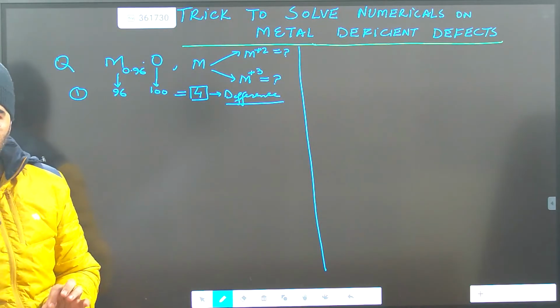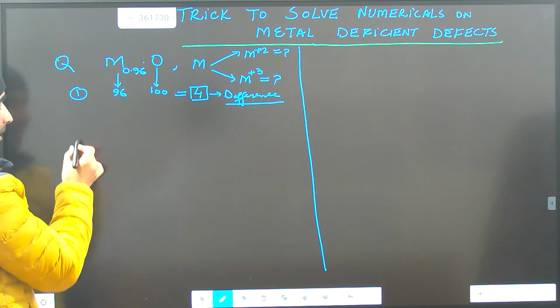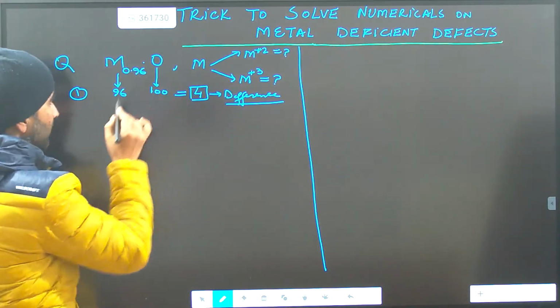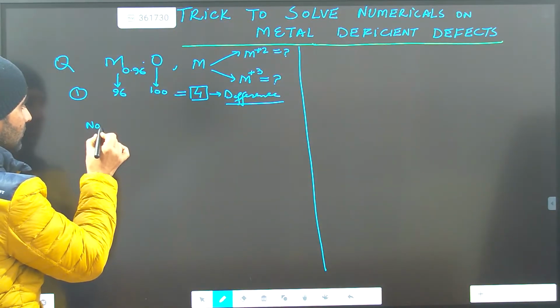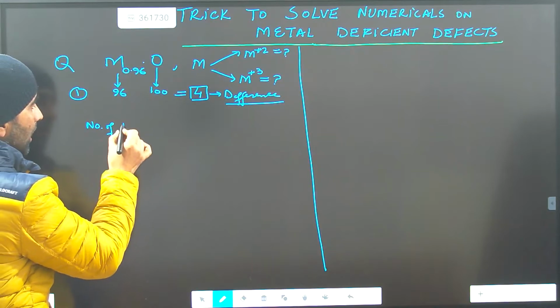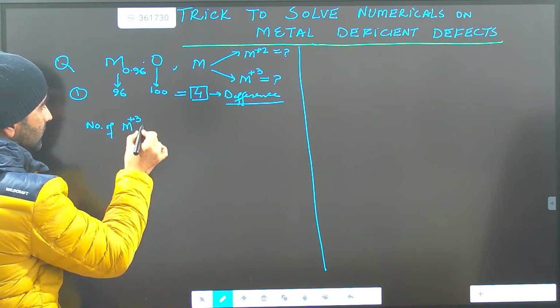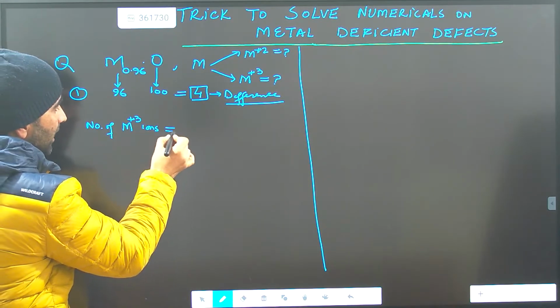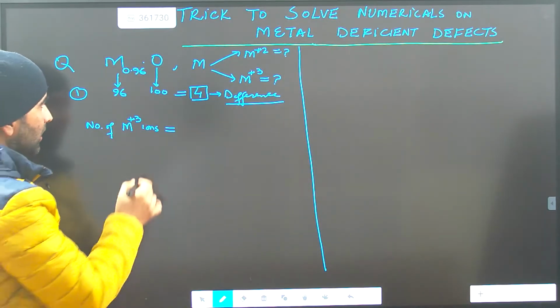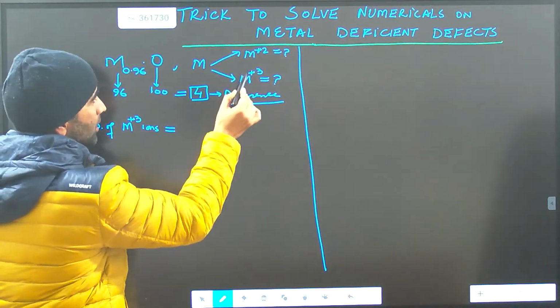पहले आप ये करेंगे. दूसरा आप क्या काम करेंगे, you have to calculate the number of M plus 3 ions. This will be directly equal to, directly आप इसको पुट कर सकते हैं, इन दोनों में से लोअर ऑक्सीडेशन स्टेट कौन है?